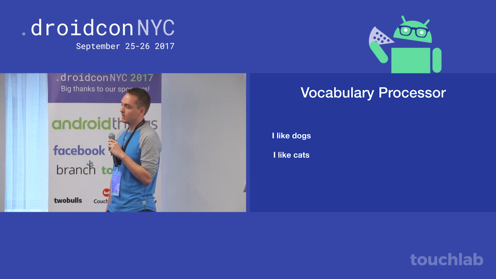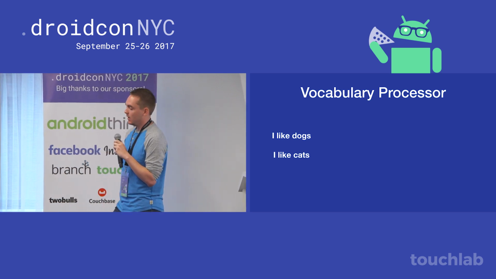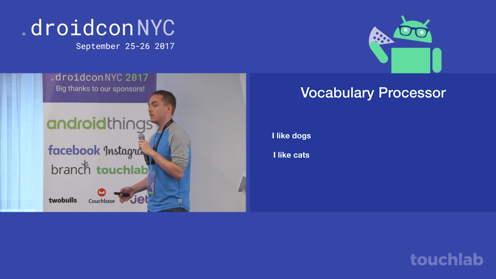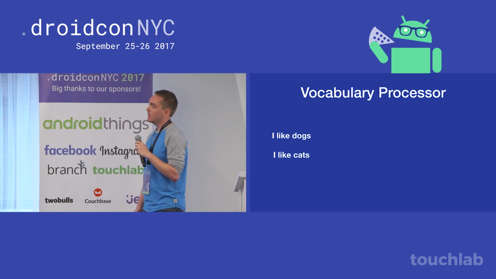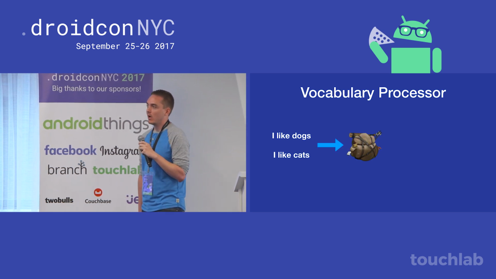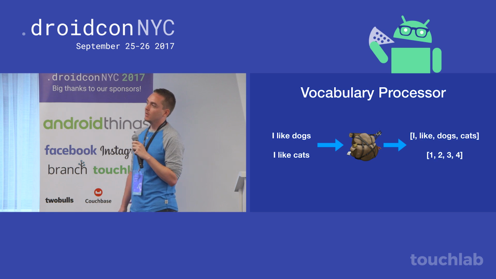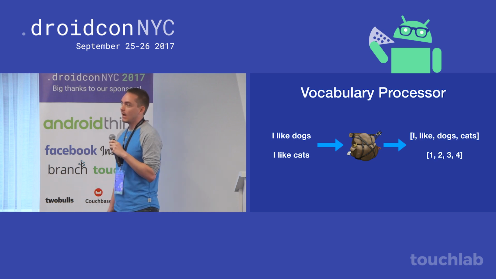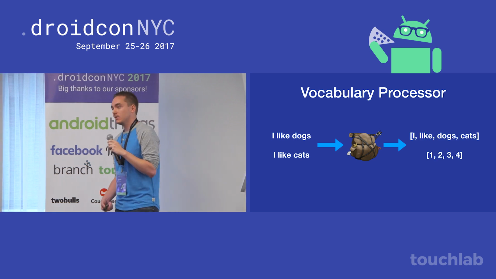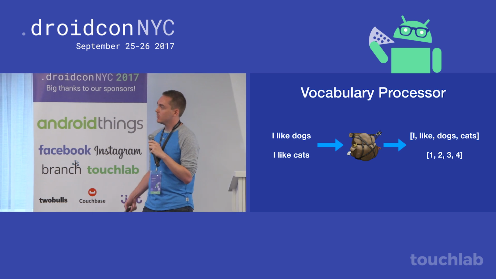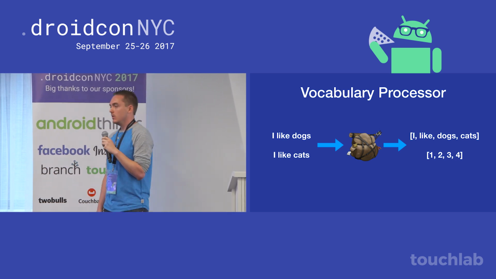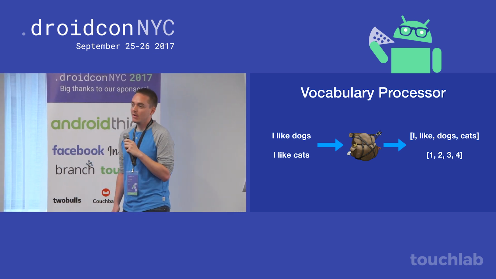What you'll use to do this is essentially a vocabulary processor. So if you just had two messages, I like dogs and I like cats, you could feed them into the vocabulary processor and it would output an array that was I, like, dogs, cats. It's basically just each unique word as they appear, and it assigns a numerical value for each word. You could easily represent this with a hash map. It's not very hard.